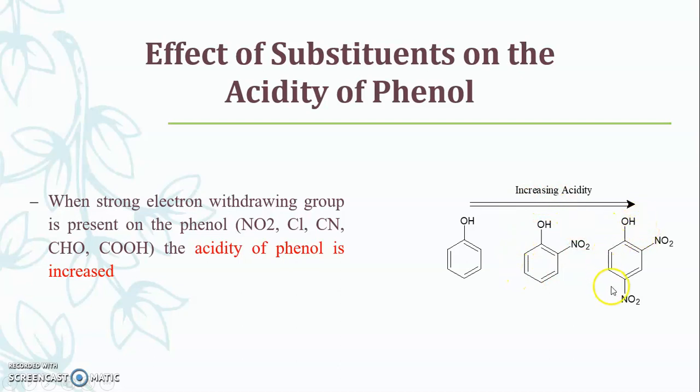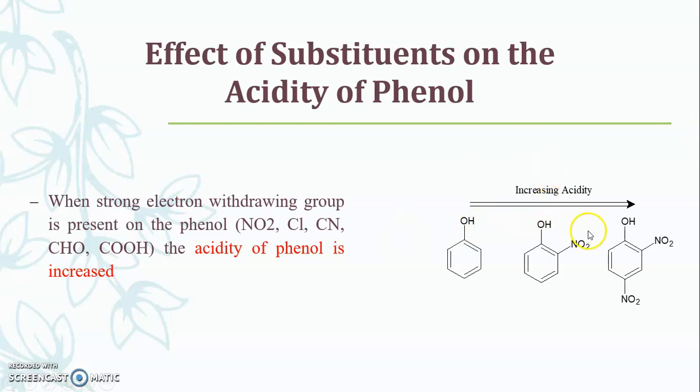If we go on increasing the number of electron withdrawing substituents on the phenol, its acidity increases. Also, as we change the substituent, the acidity changes. Different substituents play a different role in deciding the acidity.